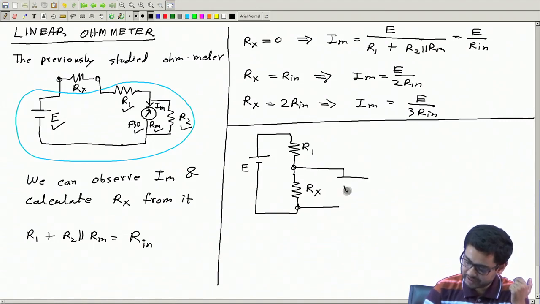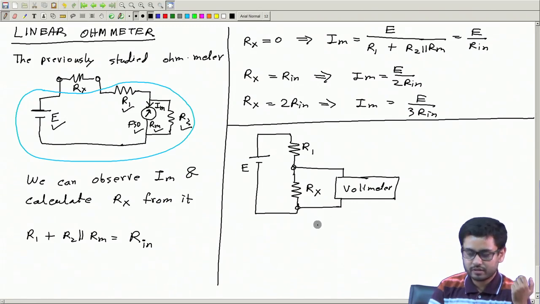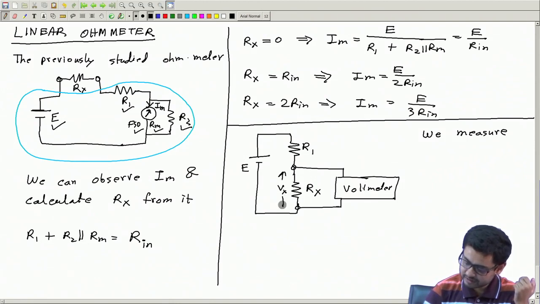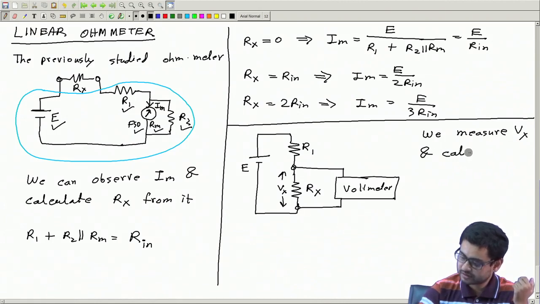Let this be a voltmeter, electronic or normal voltmeter. So this is another possible ohmmeter circuit, and here we measure this voltage Vx and then calculate Rx, because E will be known, R1 will be known.